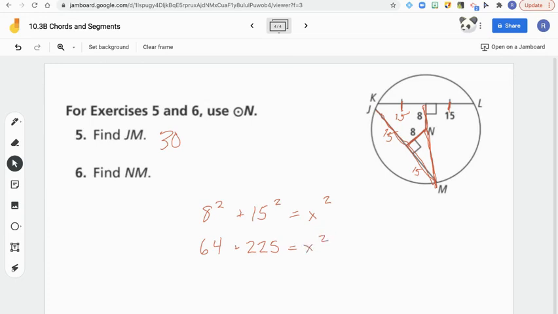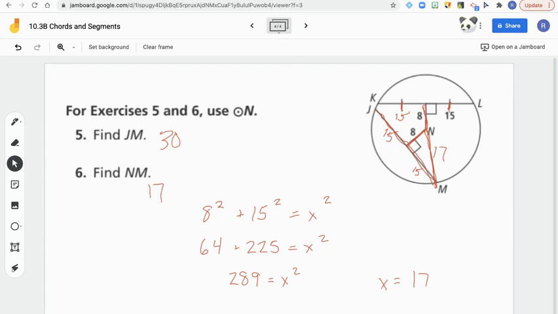As we put those together, and then find the square root of 289, I find that x is equal to 17. So this length right here is 17. So we can use these properties in addition to the Pythagorean theorem and solve for some missing pieces.